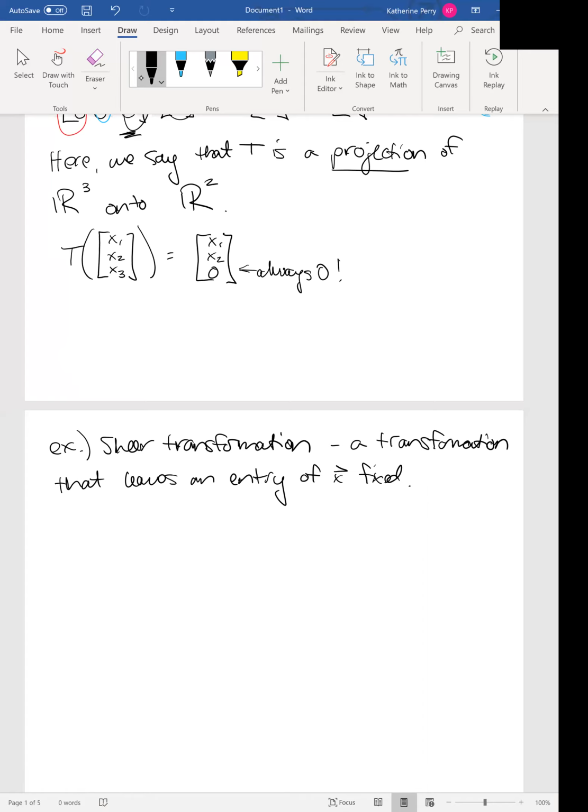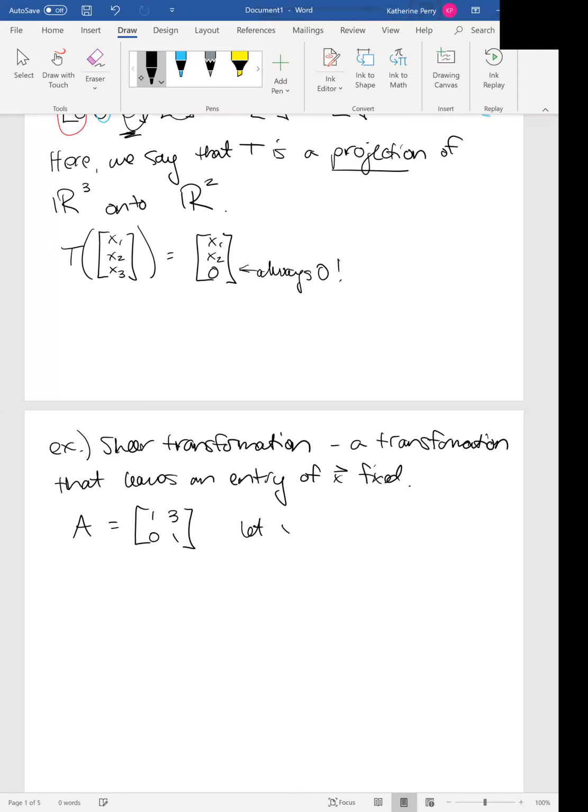So for example, if A equals this 2 by 2 matrix, 1, 3, 0, 1, I am going to claim that it will leave the second entry fixed always.